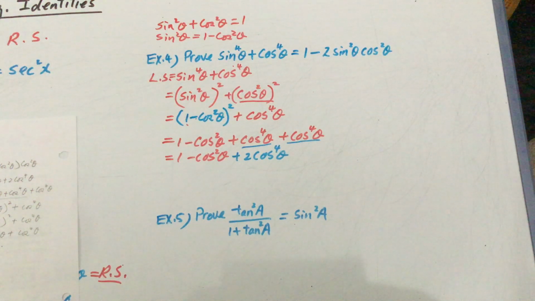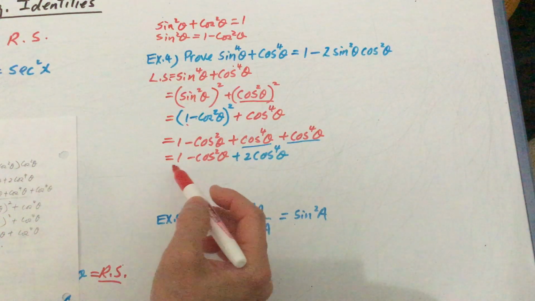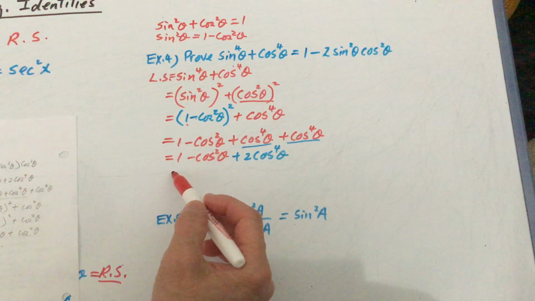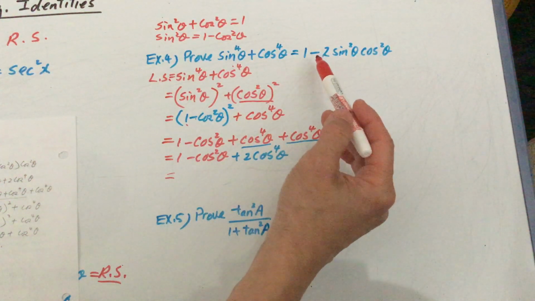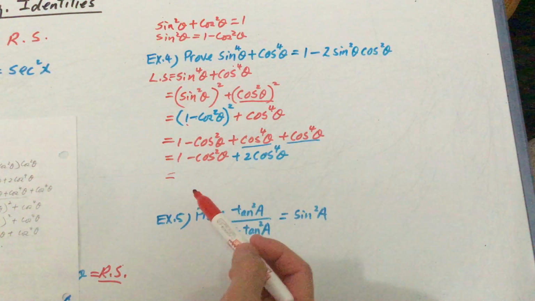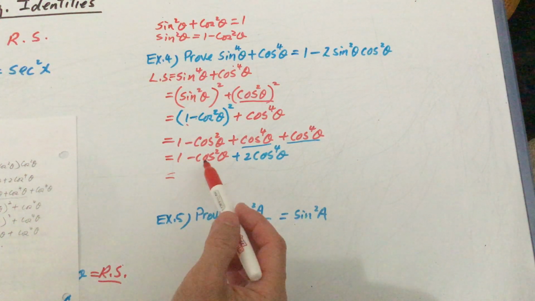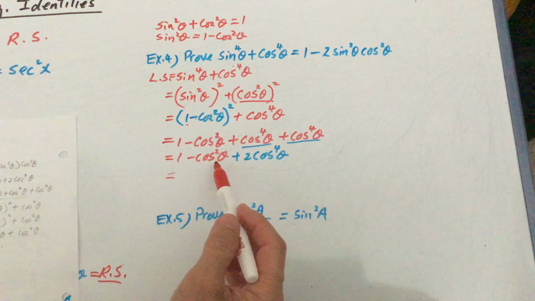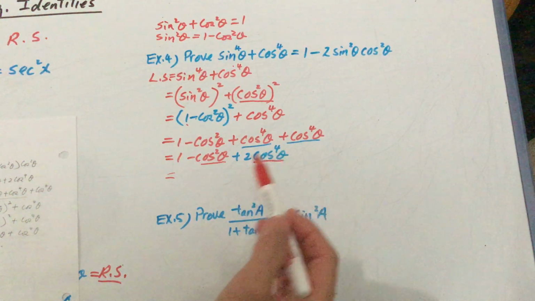Okay, now with that I can go further. By looking at what I have on the other side, 1 minus 2 sine squared theta cos squared theta, I have a cos squared theta here, and I also have a cos to the 4th theta there.